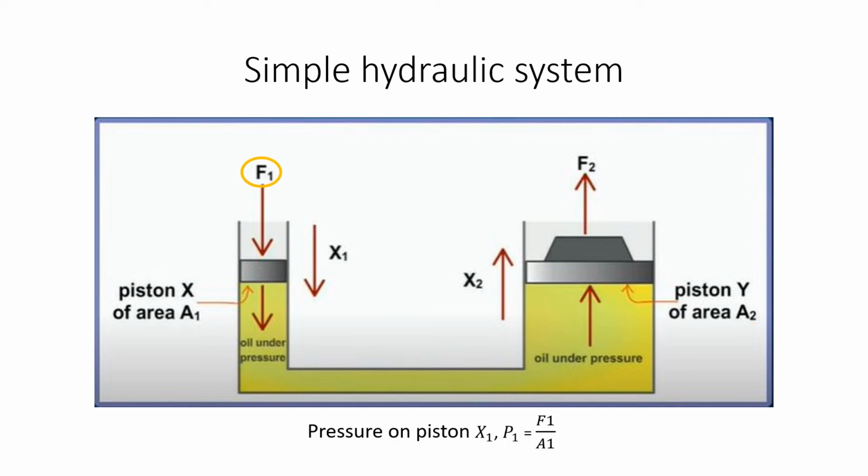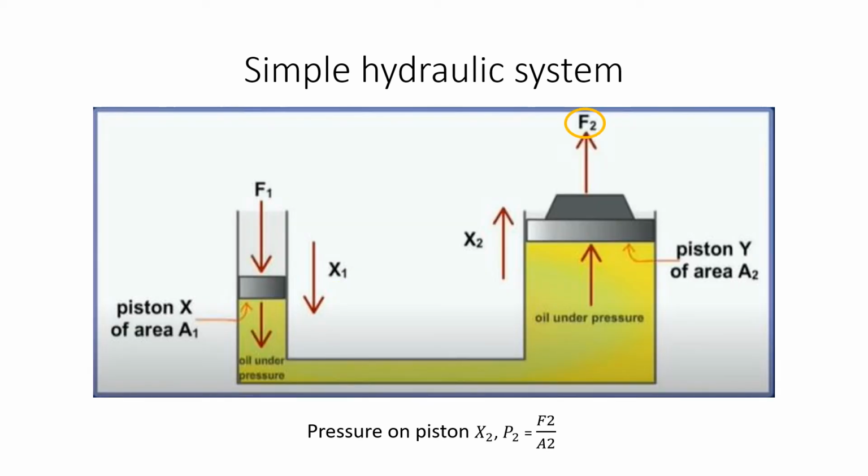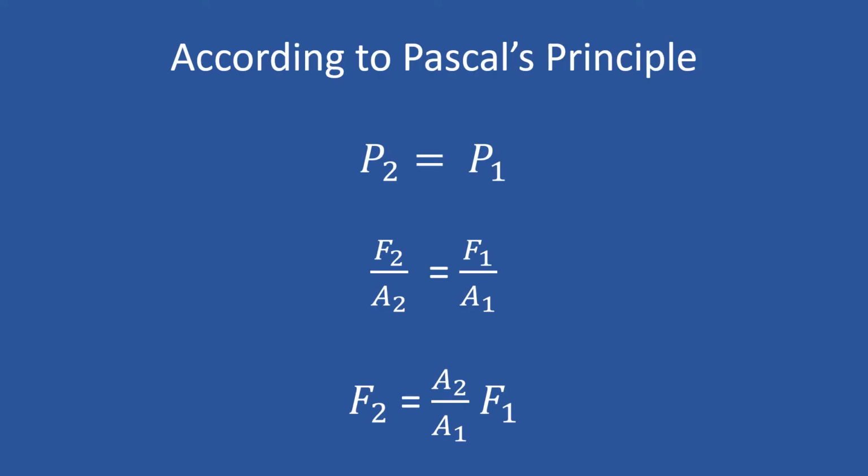When a small force F1 is applied to the smaller piston X1, a large force F2 is produced on the larger piston X2 due to the pressure transmitted from piston X through the liquid. Based on Pascal's principle, pressure in liquid is transmitted from piston X to piston Y.